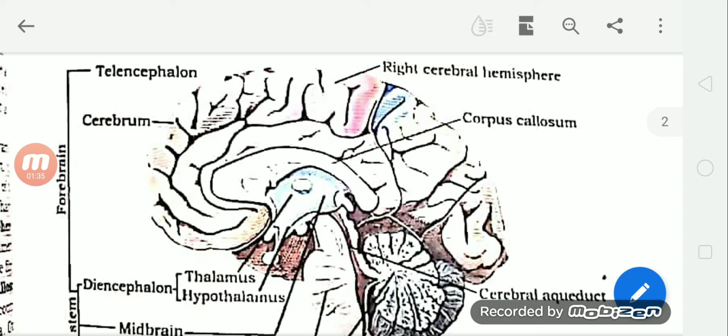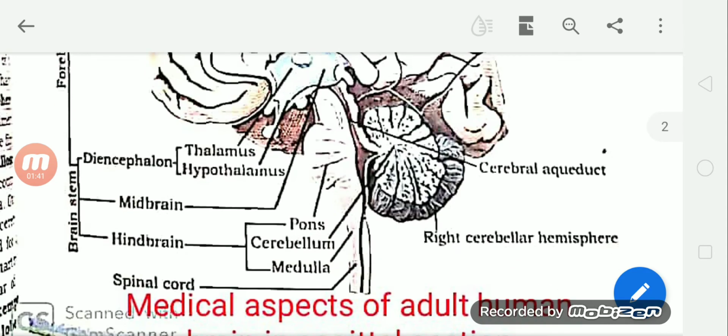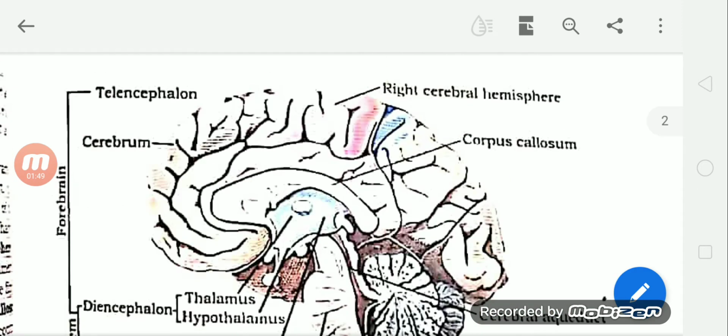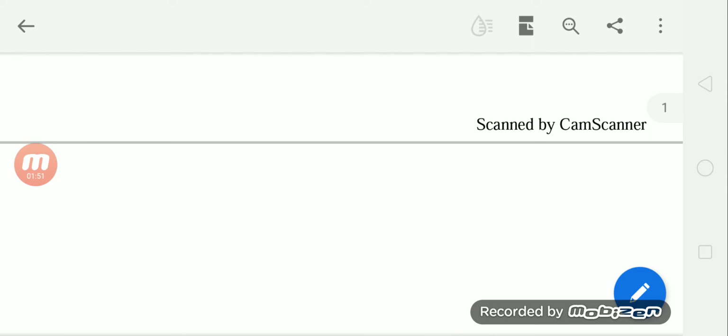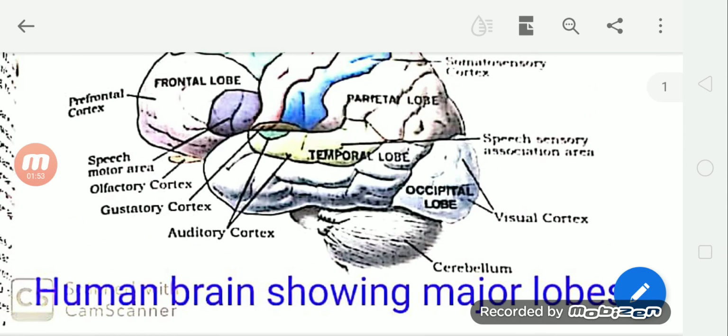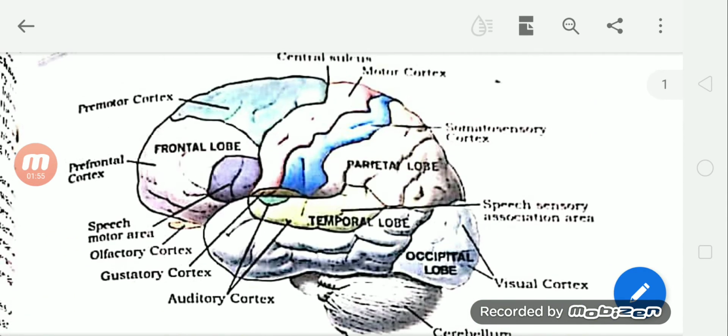Right now in this video, we will talk about the function of the cerebrum. We will talk about the function of the cerebellum, medulla, pons, and we will also go through the various lobes that are present inside our brain.